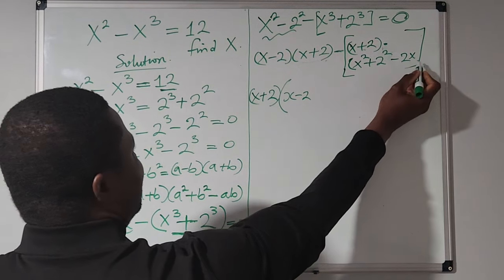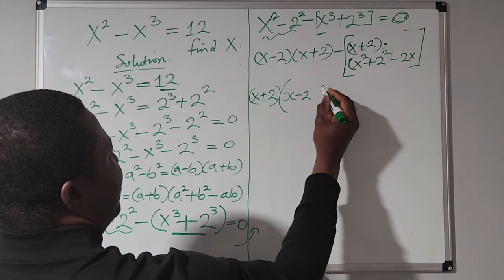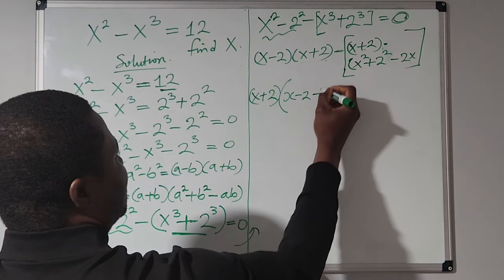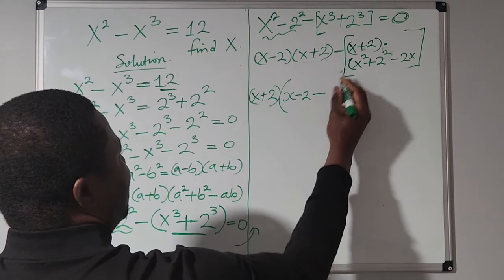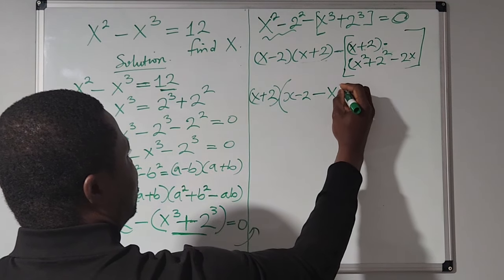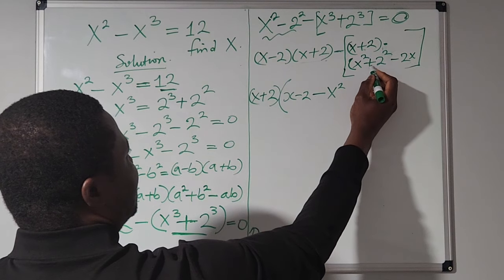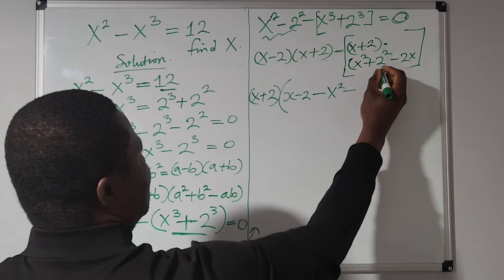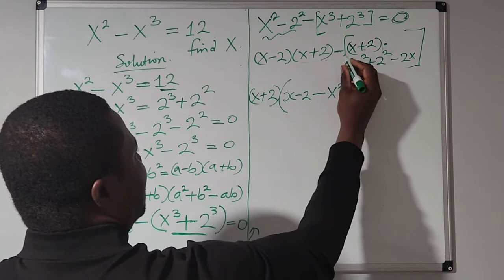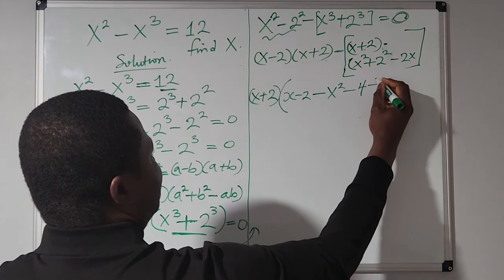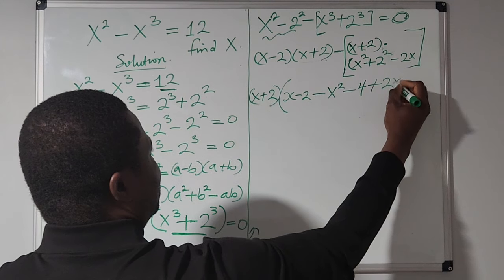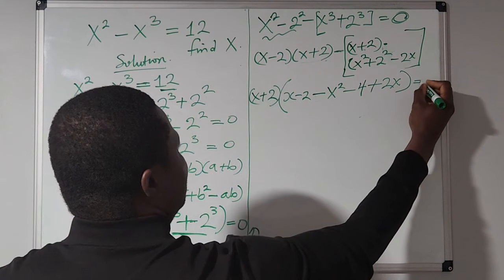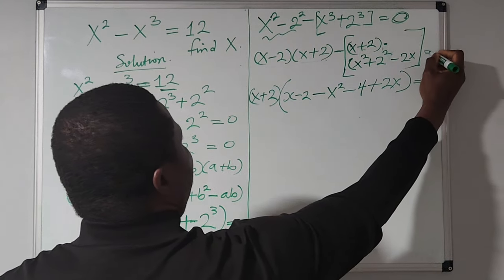Then if we open this bracket, we have minus times plus here is minus x squared. Minus times plus here, minus 2 squared is 4. Minus times minus is plus 2x, equals 0. Okay.